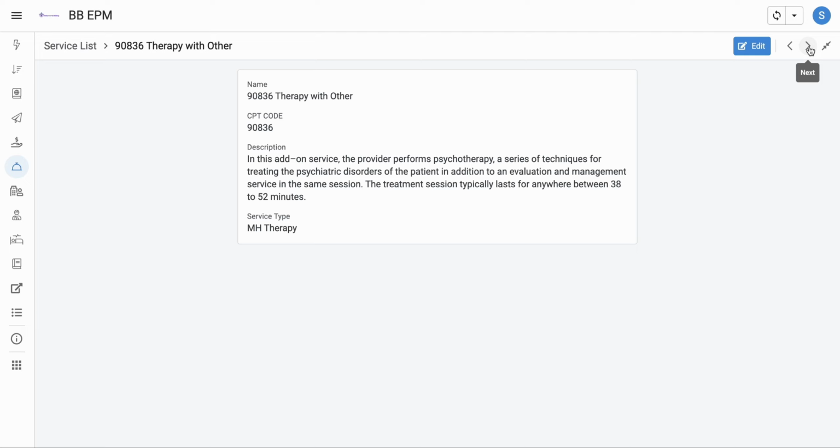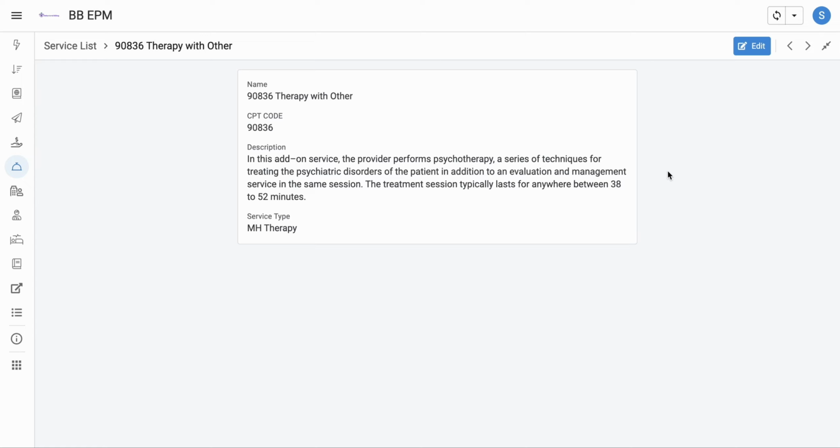So that part is important. It's not only in addition to the E&M, it has to be within the same session. This add-on code represents time that lasts anywhere from 38 to 52 minutes. Again, that also includes clinical documentation time.